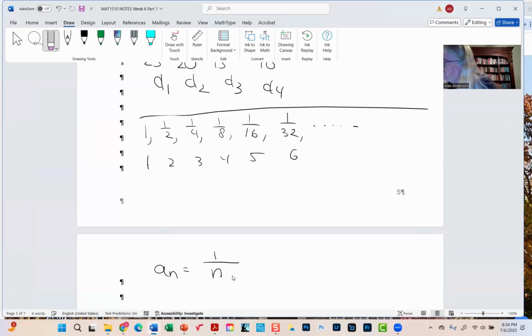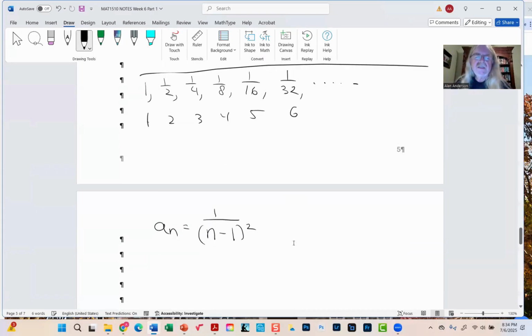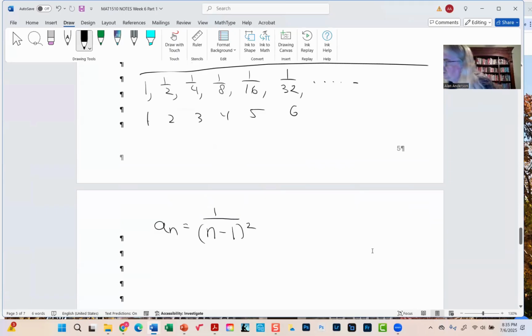No, not n. Does that look great? Yes, let's try that. A1 would be, no, that can't be right because that would be zero.